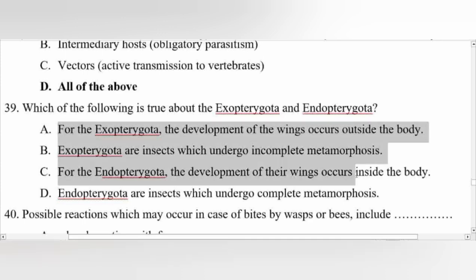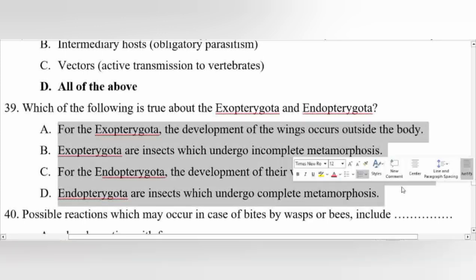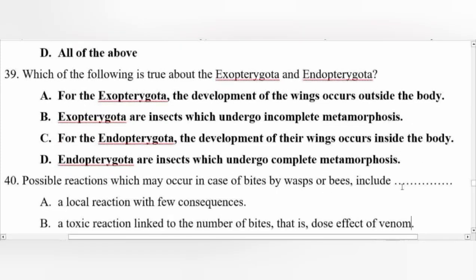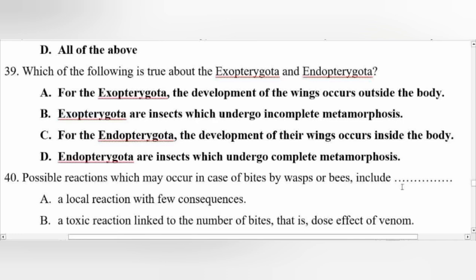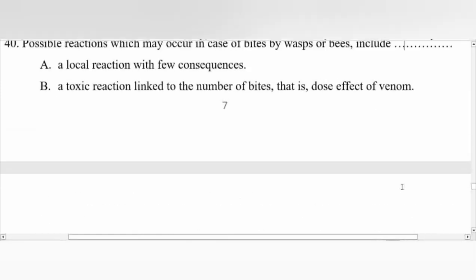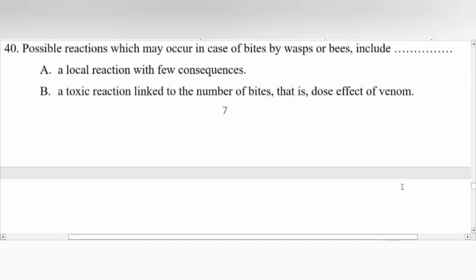So it means that in this case, we will have to choose all the options. All the options are true about exopterygota and endopterygota: insects whose wings develop outside the body and insects whose wings develop inside the body, exopterygotes and endopterygotes.